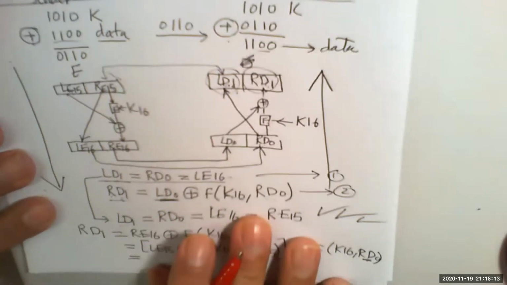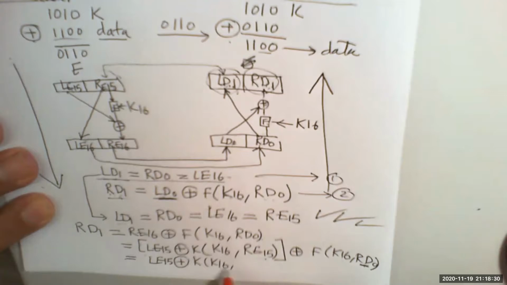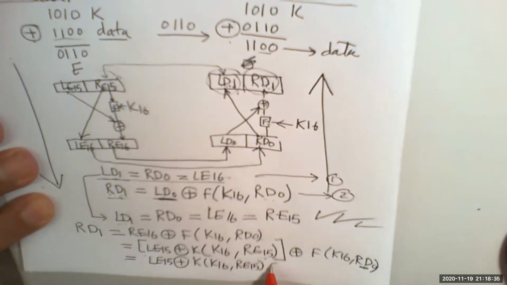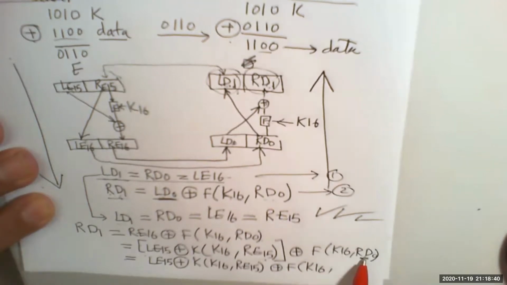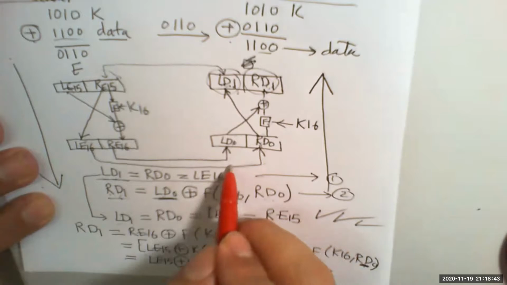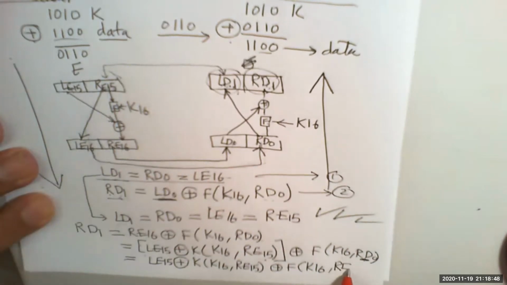This one becomes like that: LE15 XOR F of K16 and RE15, and then XOR what? XOR F of K16 and RD0. I can remove RD0 because I know RD0 is the same as RE15. So I say RE15.